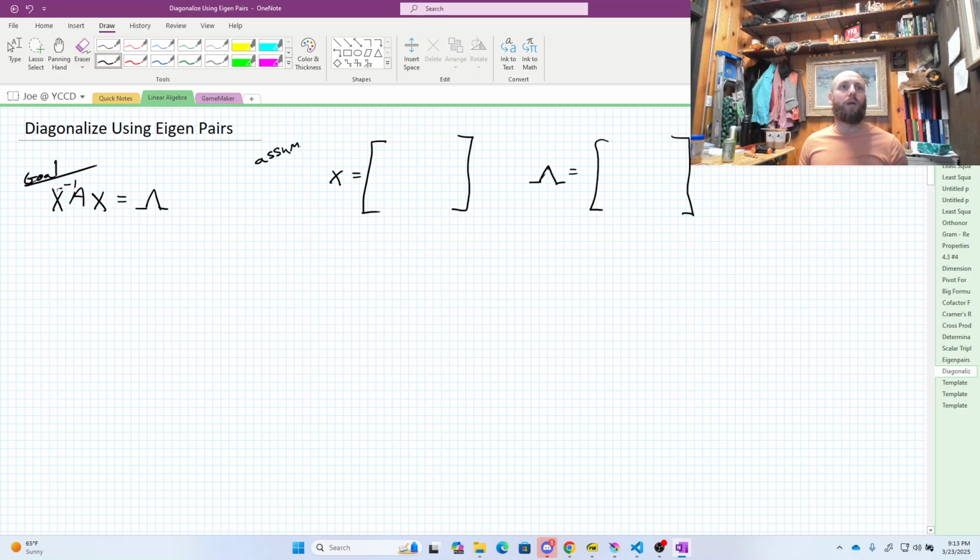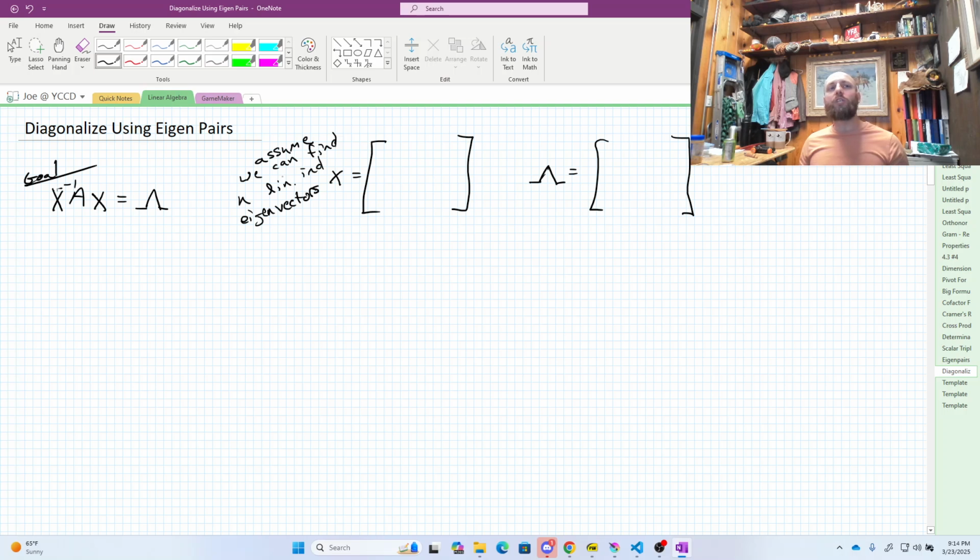I'm going to assume we can find n linearly independent eigenpairs. I'm saying the eigenvectors are linearly independent because that's the kind of thing that can be linearly dependent or independent. It's a set of vectors.